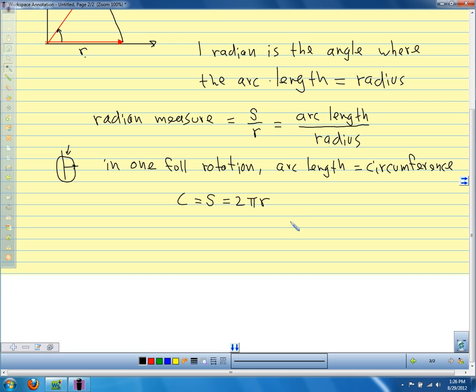So S over r, which is how we defined our radian measure, if I divide both sides of this equation by r, I get 2 pi. So this tells us that when we rotate around a circle, we've rotated through an angle of 2 pi radians.